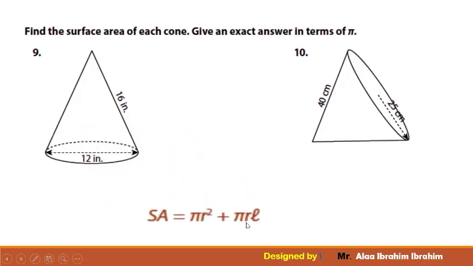Here my l is 16 and r is 6, and pi is 3.14. We are dealing with pi, and find the answer. We have this answer. It is the same idea, but you already have the radius without any dividing. Just copy. You have the same steps. If you have any problem, return to the previous examples. We take it together. Okay.